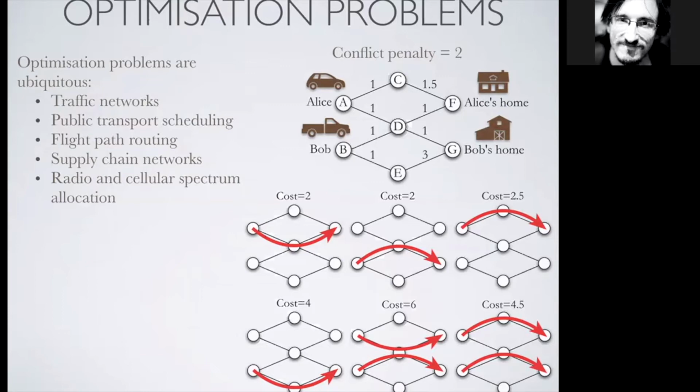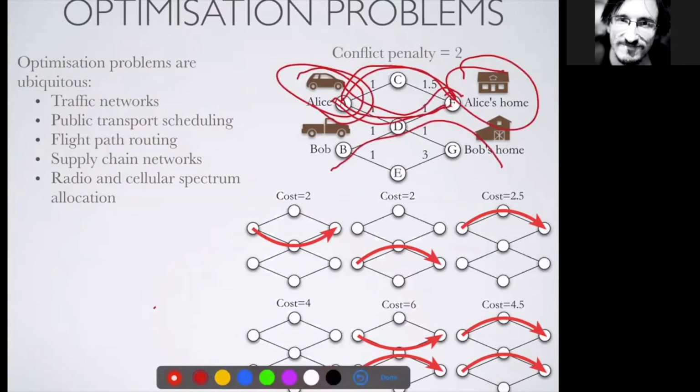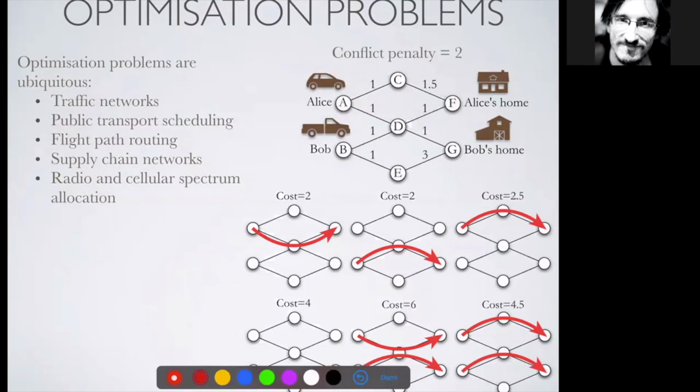However, suppose Alice and Bob are asking this question at the same time, and now there are conflicts. And the conflict is this one, that if two people try and use this intersection at the same point in time, they can't both pass through. One of them has to wait at the traffic lights, and there's a penalty associated with that, and we'll just arbitrarily make it 2.